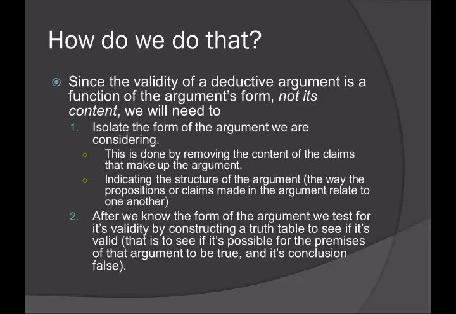So in each instance, we're going to remove the content that makes up the argument. Once we've done that, having removed the content and placed in content holders, we can indicate the structure of the argument, or really what we mean is the way that the propositions or claims whose content we just removed relate to one another, what kind of relationship they bear to one another.